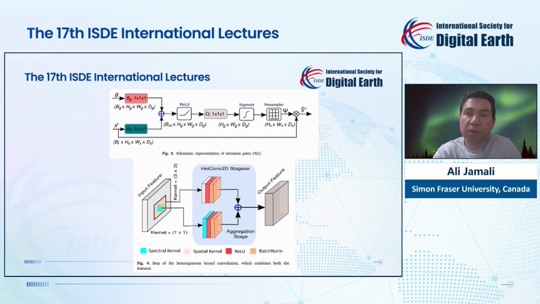HeadCons was developed for extracting multi-scale local information, and the additive attention gate focuses on the most relevant information from encoder to decoder. So it will ignore or bring the weights down on the noisy or irrelevant data.